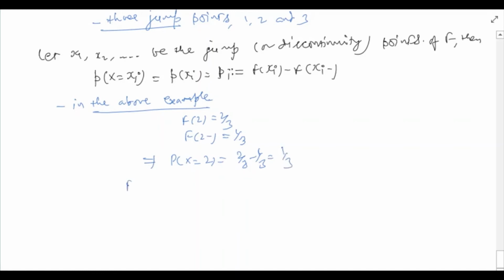Similarly, F of 2.5 is also 2 by 3 and F of 2.5 minus is also 2 by 3. So probability that X will be equal to 2.5 is 2 by 3 minus 2 by 3 and it is 0. So we see that the probabilities of X taking certain values will be non-zero only if those values are jump points.